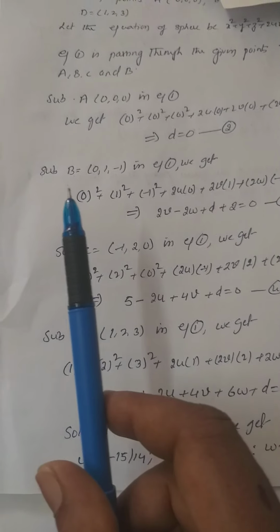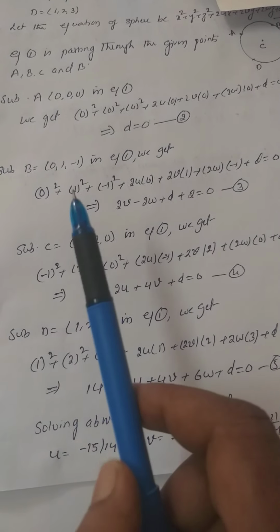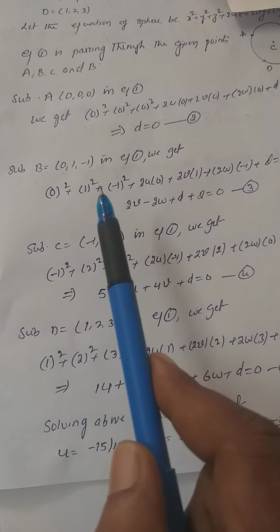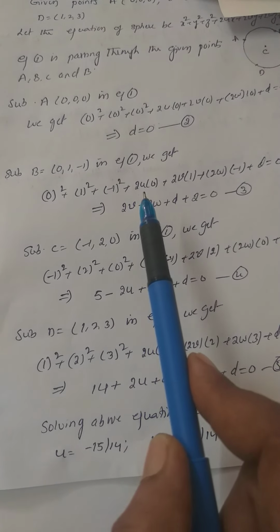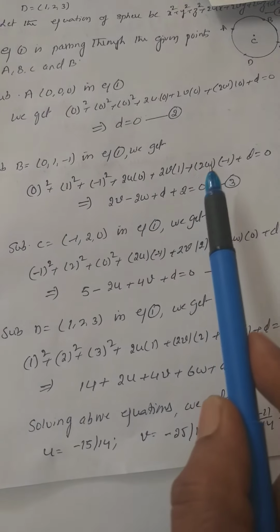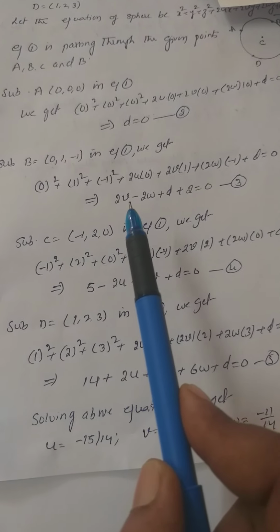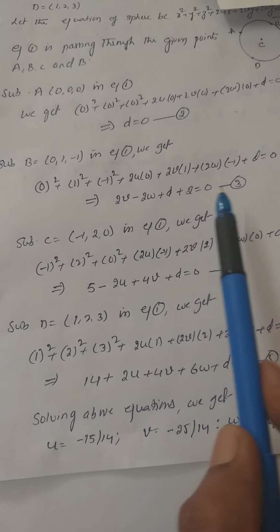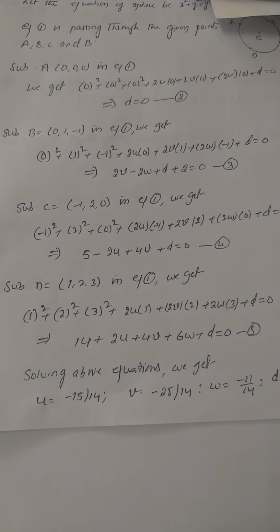Next point, substitute B is equal to 0 comma 1 comma minus 1 in equation 1. We get, in the place of x 0, in the place of y 1, in the place of z minus 1, we are substituting: 0 whole square, 1 whole square, minus 1 whole square plus 2u into 0 plus 2v into y means 1 plus 2w into z means minus 1 plus d is equal to 0. Now we got 2v minus 2w plus d plus 2 is equal to 0. Now similarly substitute the third point. What is the third point?